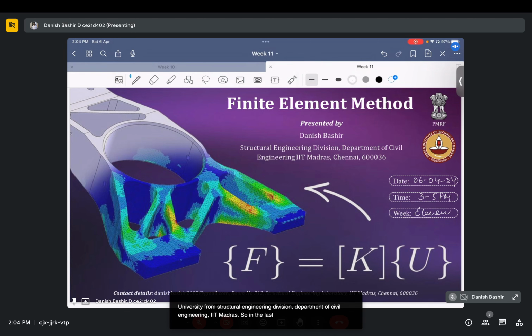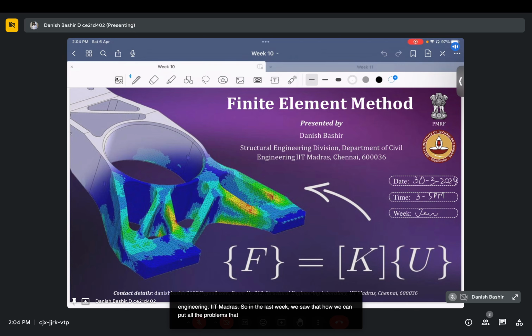In the last week, we saw how we can put all the general problems, in the case of fluid flow or heat flow or conduction, as a general boundary value problem for all those kinds of applications.